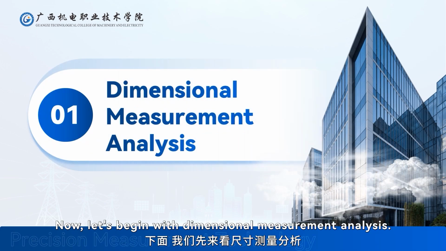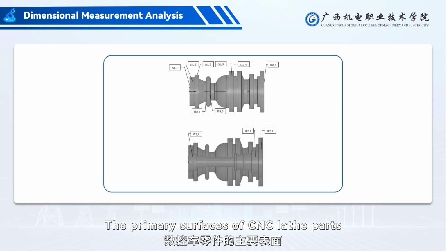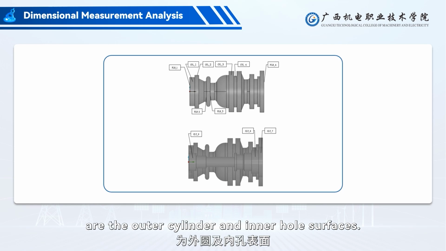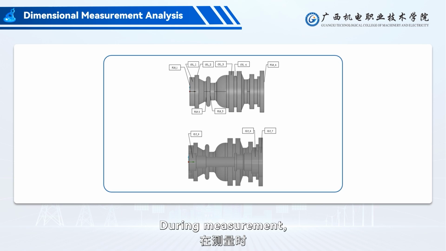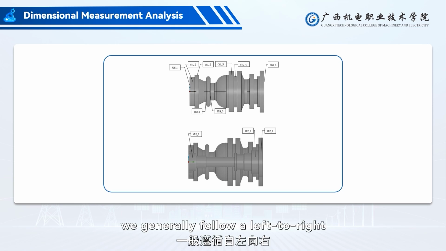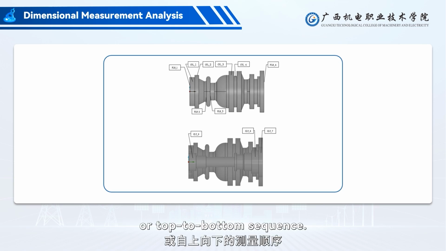Now, let's begin with dimensional measurement analysis. The primary surfaces of CNC lathe parts are the outer cylinder and inner hole surfaces. During measurement, we generally follow a left-to-right or top-to-bottom sequence.